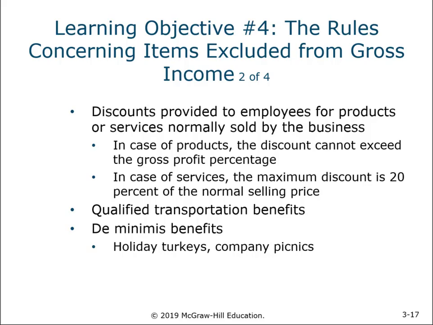That means too small to matter, and therefore we're not going to make you keep track of all those copies. Cell phones, the employer providing you with a cell phone for work that you can also use outside of work, because there's no way to really police that, has become a de minimis benefit, and it is not income to you, even though you get a phone without paying for it.